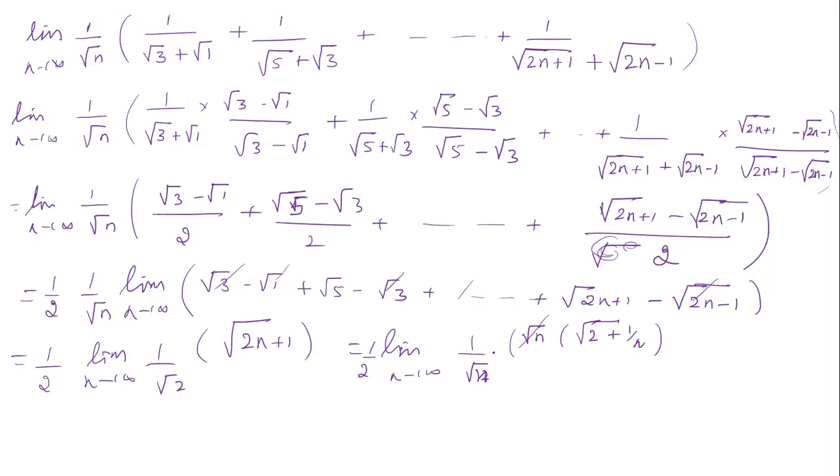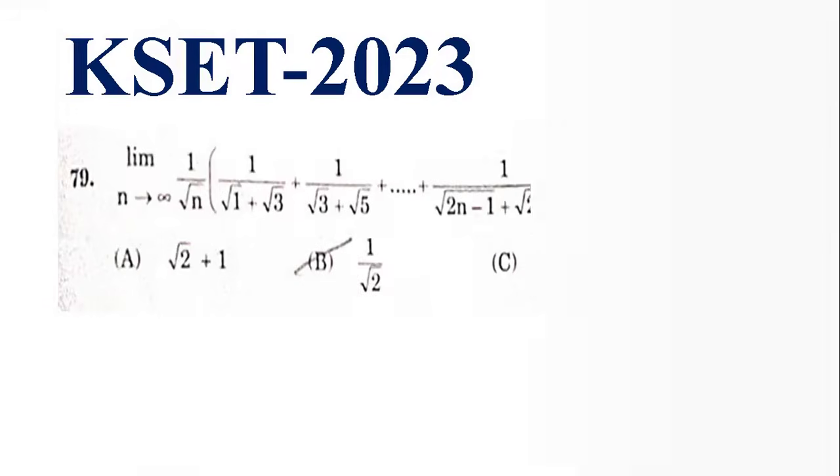This root n gets cancelled. If I apply limit, it becomes 0. Here root 2 gets cancelled. Answer is 1 by root 2. There is the answer. Yes, 1 by root 2 is the answer.